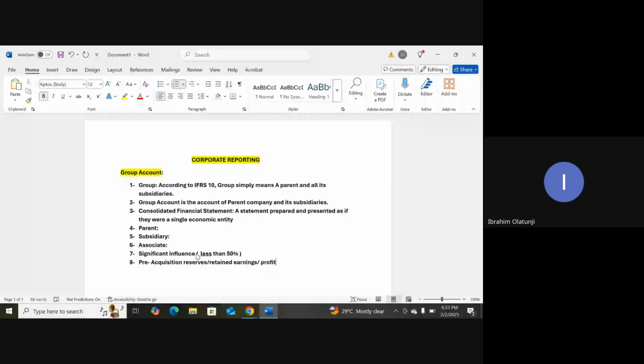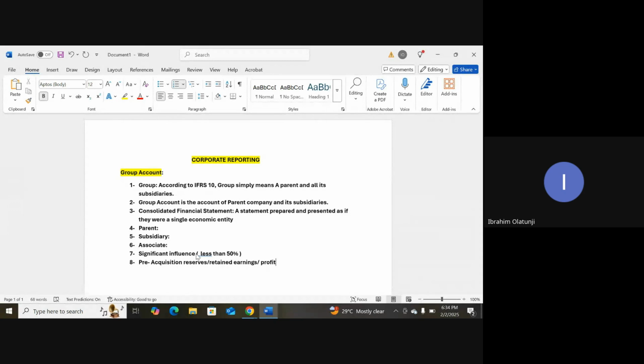In some places they will say pre-acquisition retained earnings or pre-acquisition profit. What this implies is that this reserve arose before the acquisition of the business. That's what I mean by pre-acquisition reserve or pre-acquisition retained earnings.